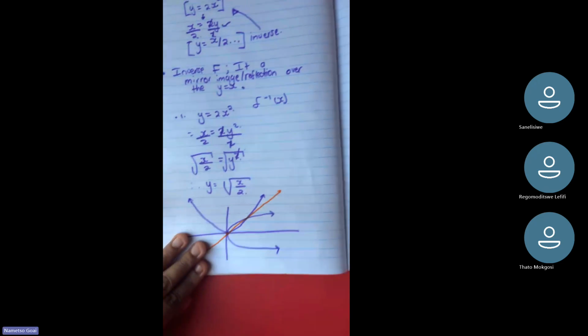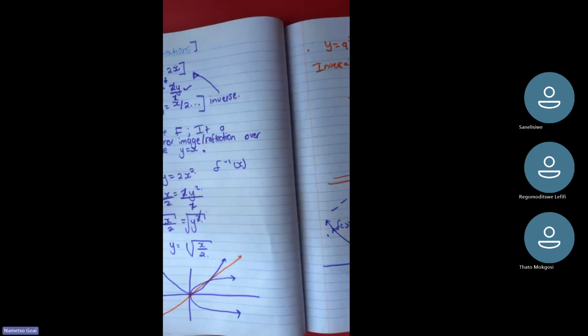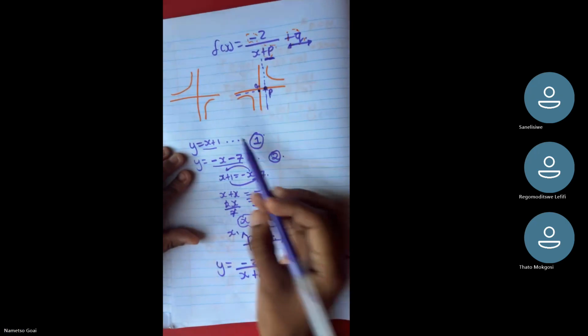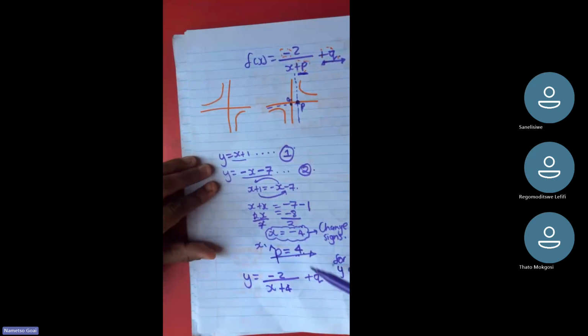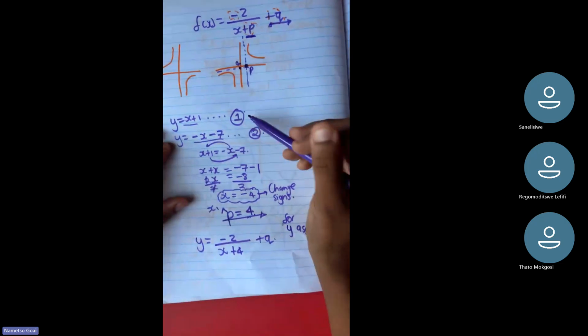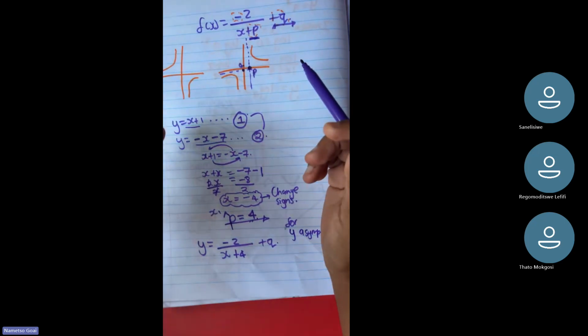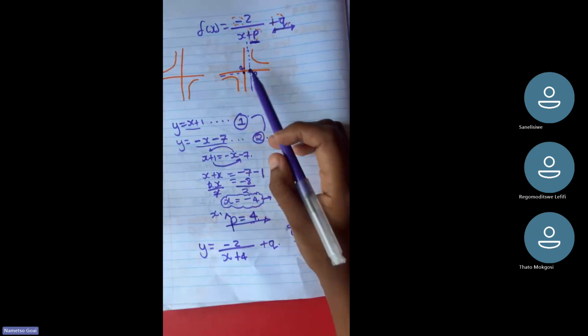We need the y asymptote, right? We had two functions. Where's that question? Oh, over here. We have an x value, so we can substitute this p into either of these two equations and get the y value. The y value that we get will be our q, our y asymptote.